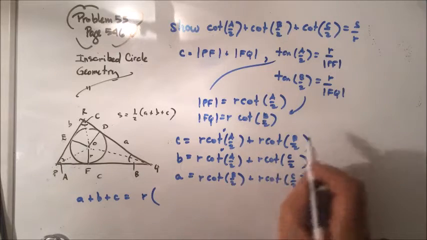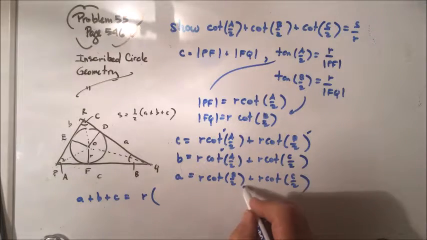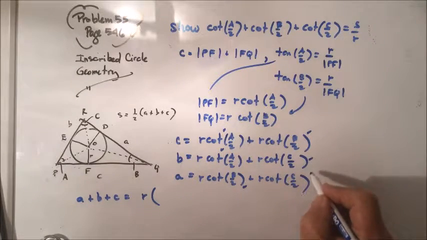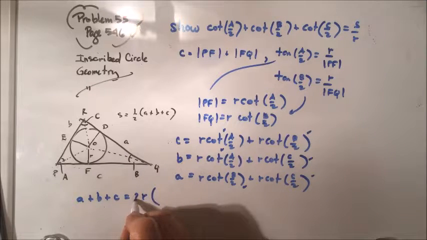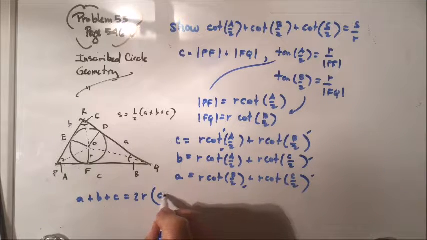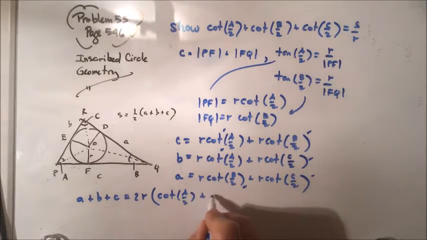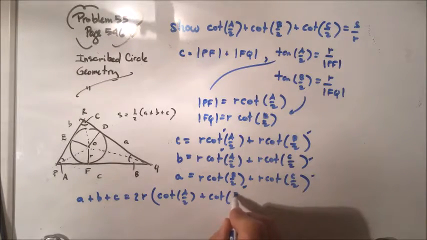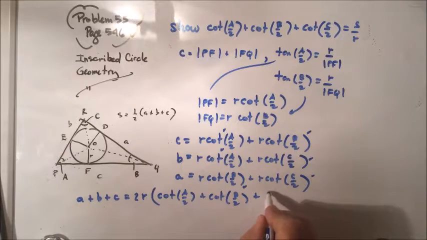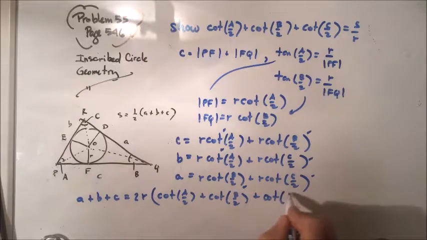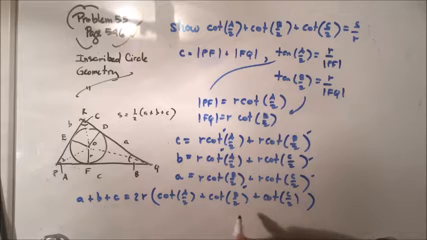There's a cotangent B over 2 and a cotangent B over 2 and a cotangent C over 2. So I'm going to pull out that 2, and I'm going to get cotangent A over 2 plus cotangent B over 2 plus cotangent C over 2.